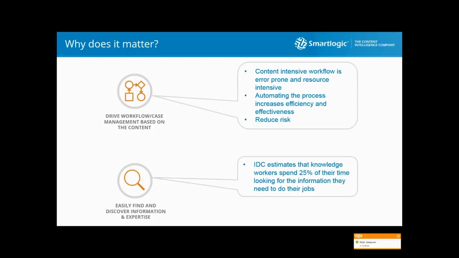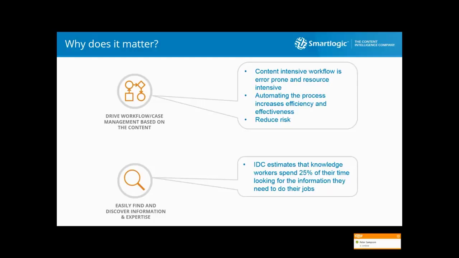In one of the examples that Rick was talking about before, the financial services company, the process of going through all of the documentation that a client was required to give to a bank in order to comply with the Know Your Customer and anti-money laundering regulations required a huge amount of human effort.